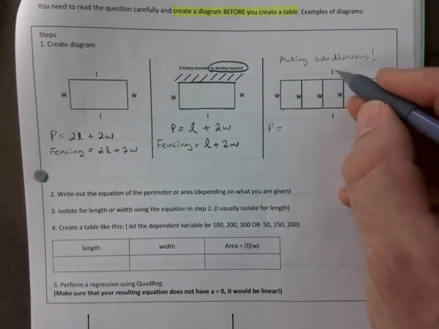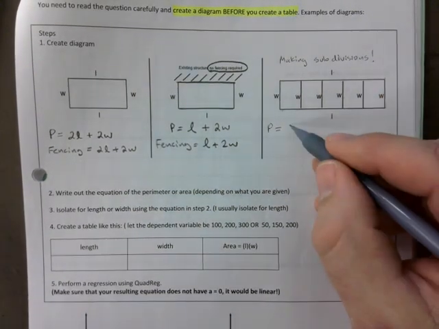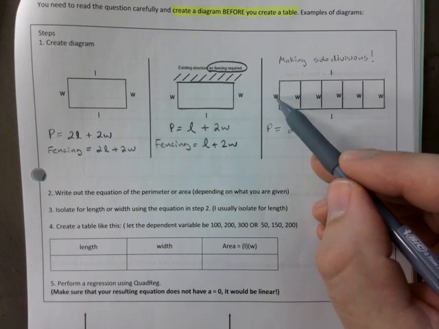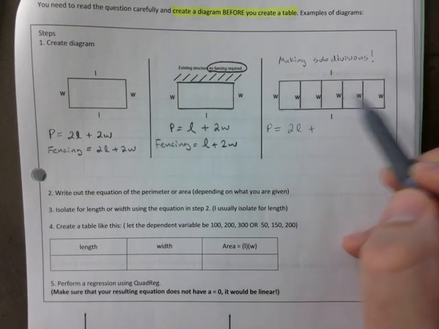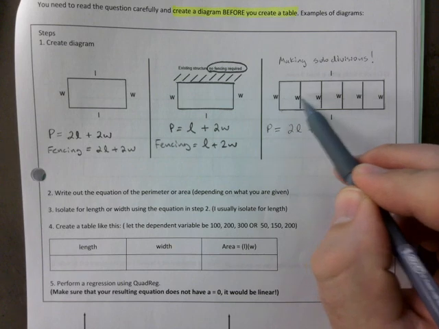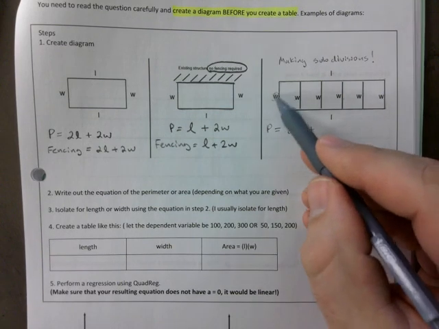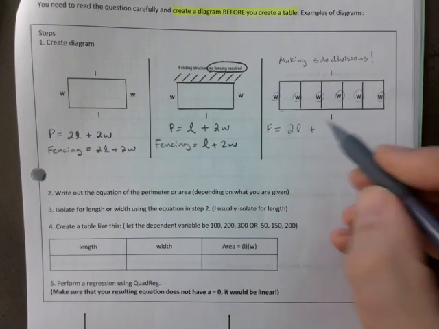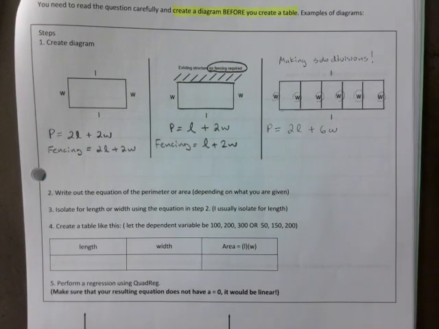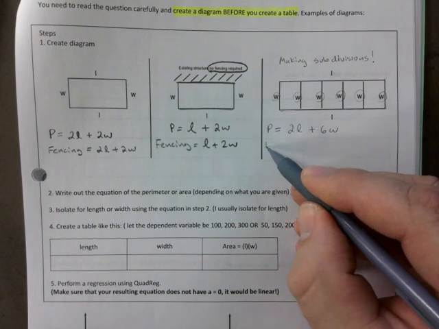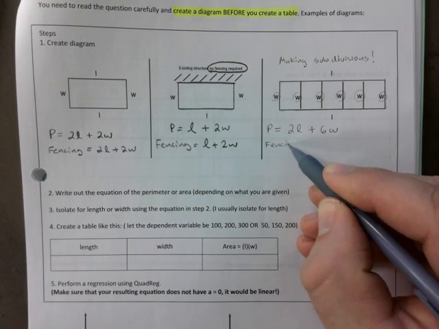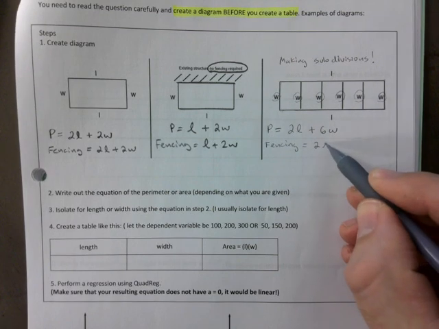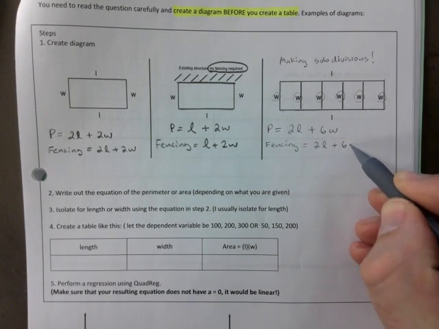But now you need to say, to make this happen, you need 2 lengths plus, watch this, there's 2 widths on the outside, but you have to count the ones inside as well. So 1, 2, 3, 4, 5, 6 widths. So the fencing will have to be spread out amongst 2L plus 6W.